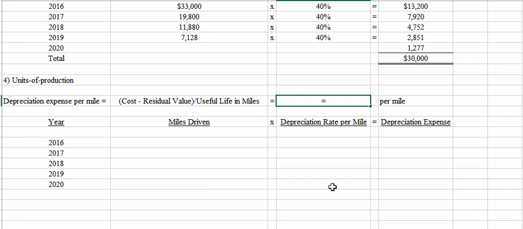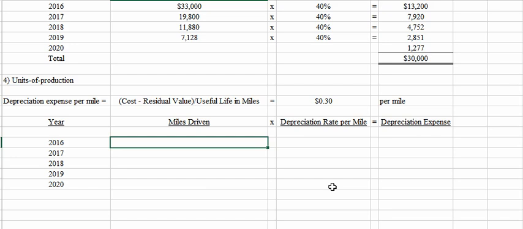So it's equal to our cost, 33,000, minus the residual value of 3,000, divided by the useful life in miles. That was 100,000 miles, and that comes out to 30 cents per mile is how much we're going to depreciate the van each year.